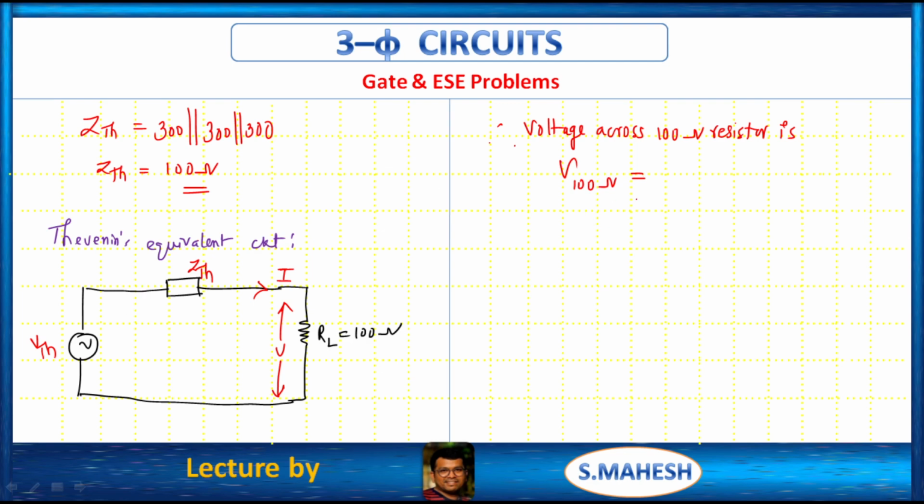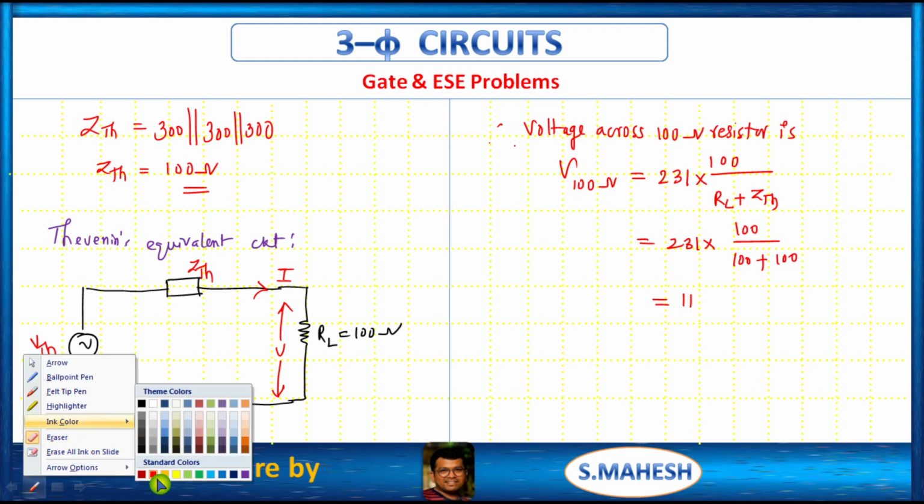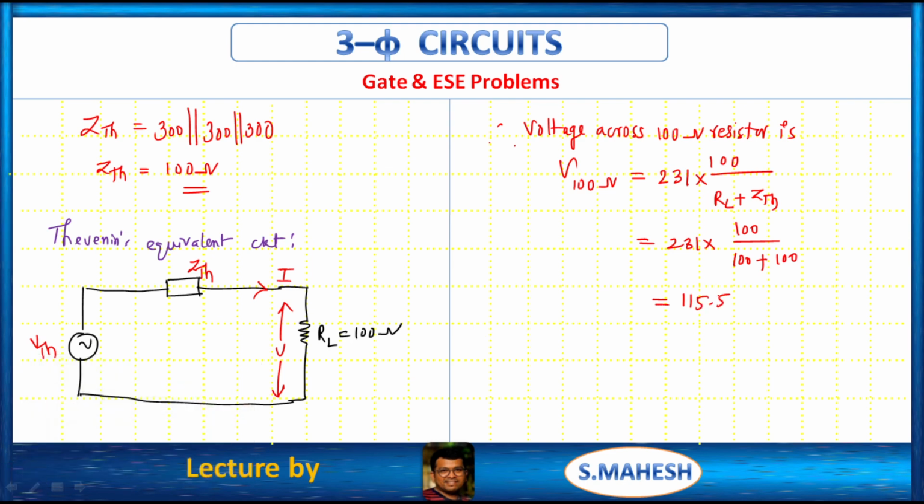VTH is 231, right? 231 into the branch resistance, that is 100 by RL plus ZTH, right? Which is 231 into 100 by, RL is 100, plus ZTH is 100. So we got 115.5. The answer is 115.5 volts. This is the voltage across 100.